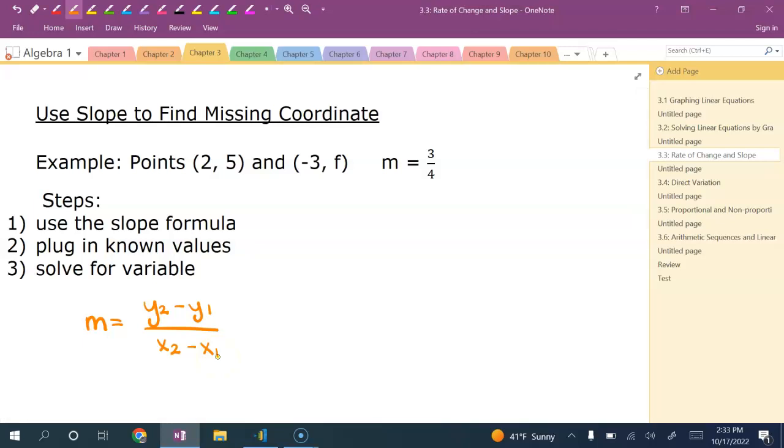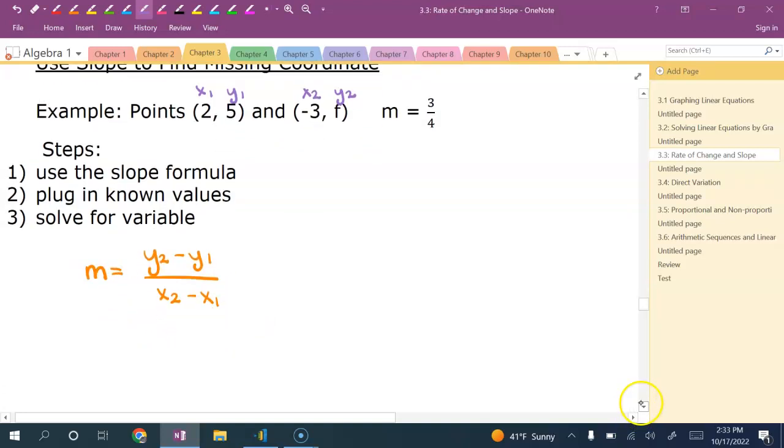So back up here, I'm going to call this one x1, y1, x2, y2, just to help me be consistent with what I've been doing, and also allows me to see what I should be putting in for what here. So for this equation, in for m, you're going to put that 3/4.